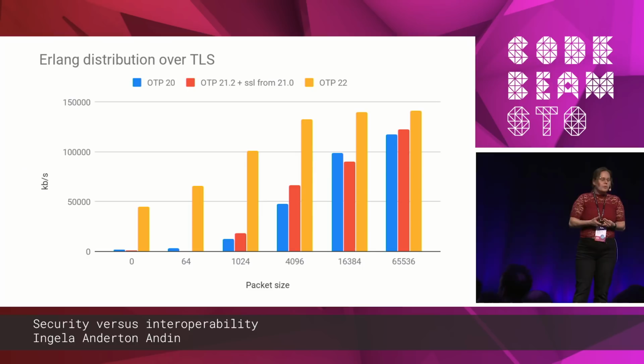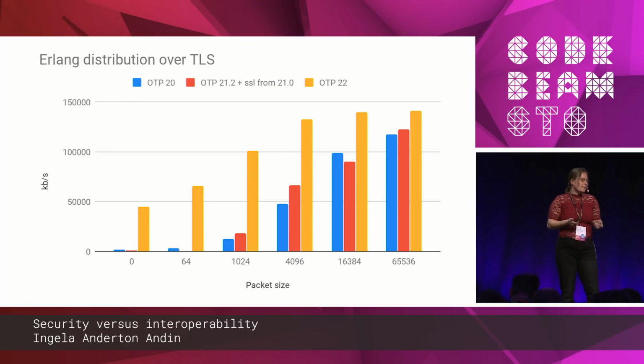Most of the optimizations we did will benefit even ordinary TLS connections, but some of them are specific to the distribution. And we did this because, you know, cloud is still a buzzword, and that means our customers want to run Erlang distribution over TLS.